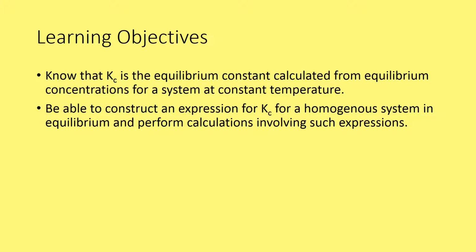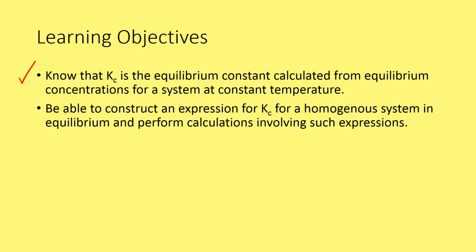So let's just check that our learning objectives have been met. I think we know that the equilibrium constant is calculated from equilibrium concentrations for a system at constant temperature, so we can tick that one.